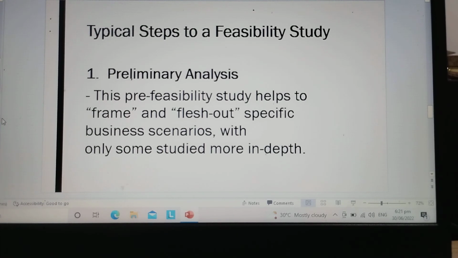This pre-feasibility study helps to frame and flesh out specific business scenarios, with only some studied more in depth. It is not unusual that during this preliminary analysis, the number of business alternatives under consideration is reduced from the initial starting point.